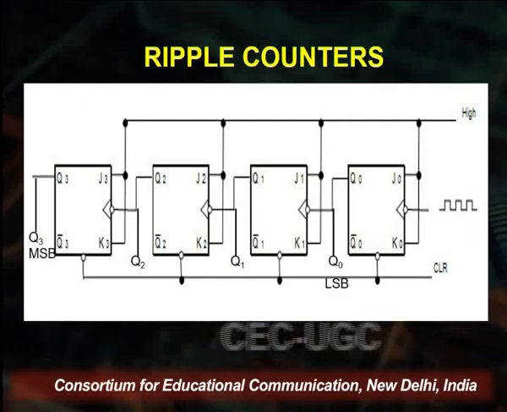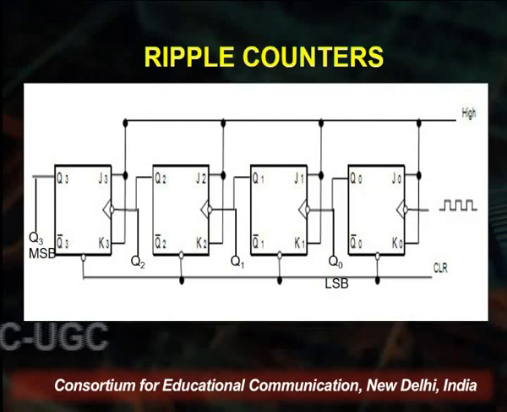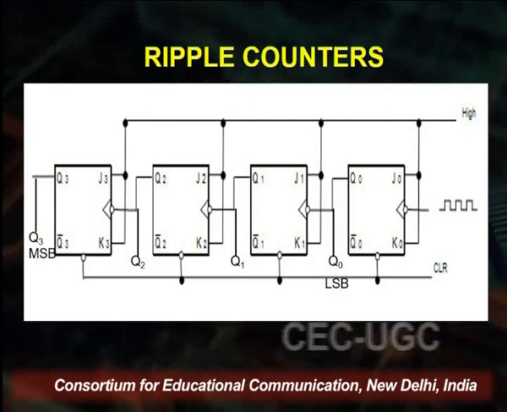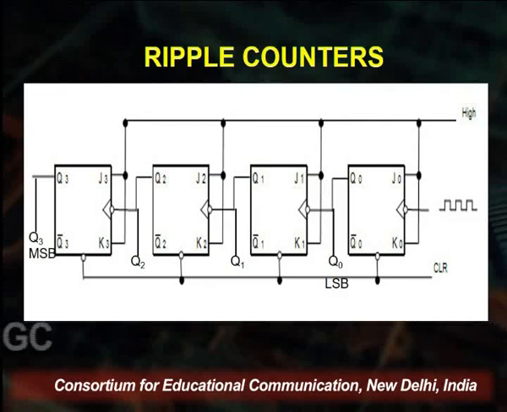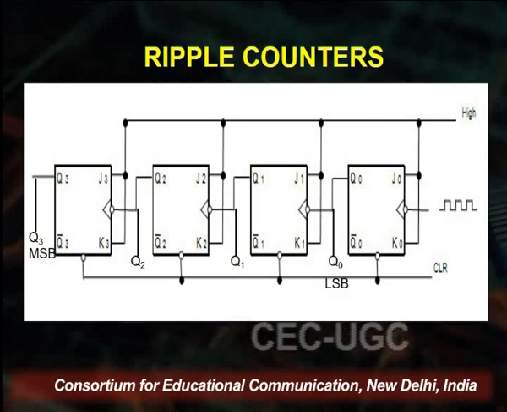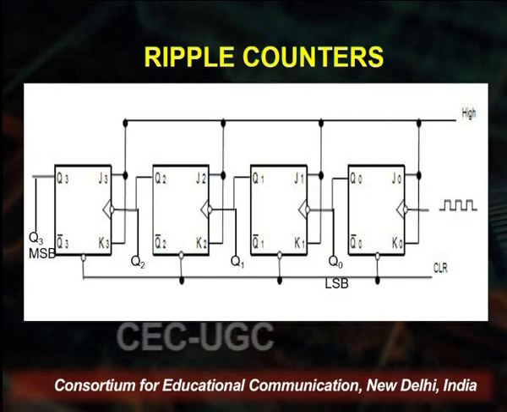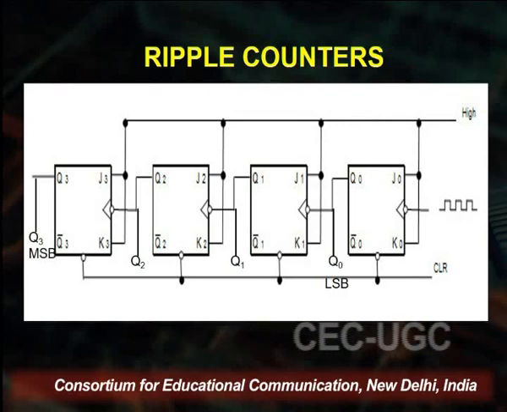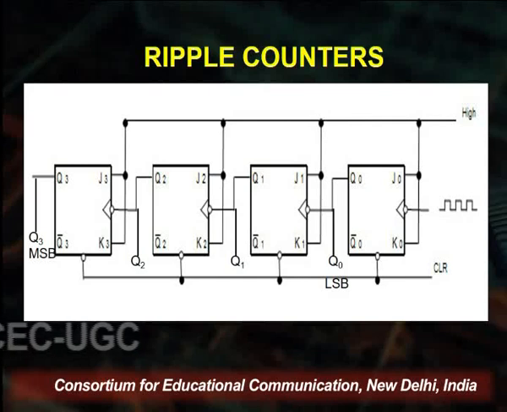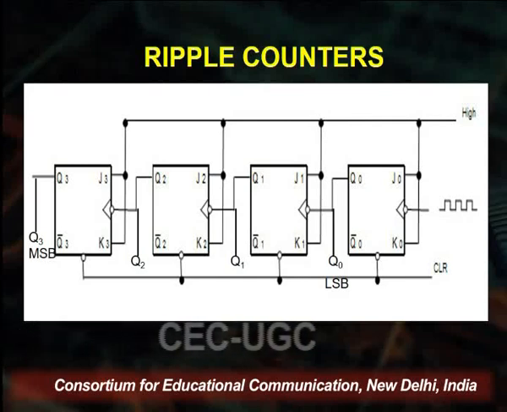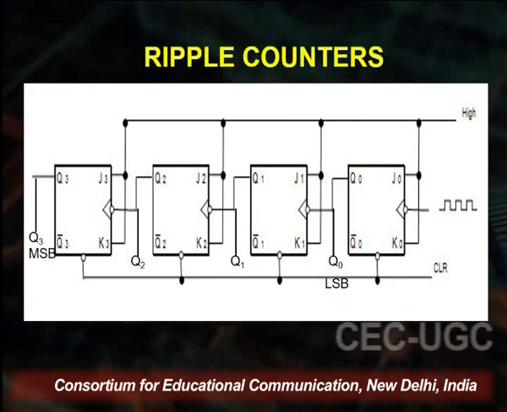Now, when the second negative clock edge arrives at the LSB, its output toggles from 1 to 0. Since Q0 changes its value from 1 to 0, it is a negative going edge or the falling edge for the clock of the adjoining flip-flop, that is the flip-flop just after the LSB. Hence, its output also changes.